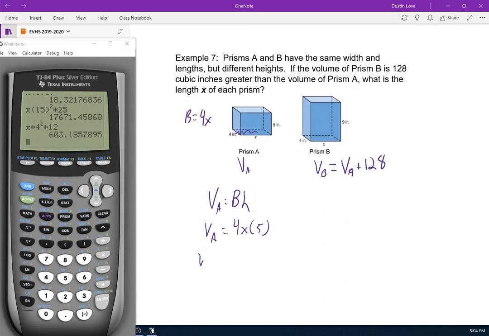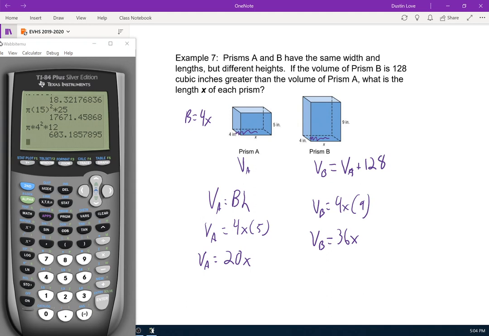Therefore, the volume of A is equal to 20X. All right, let's see what we can do for volume B. Volume B is going to equal 4 times X, because again, that's the area of the base, times the height, which is 9. So volume B is just 4 times 9, which is 36X.